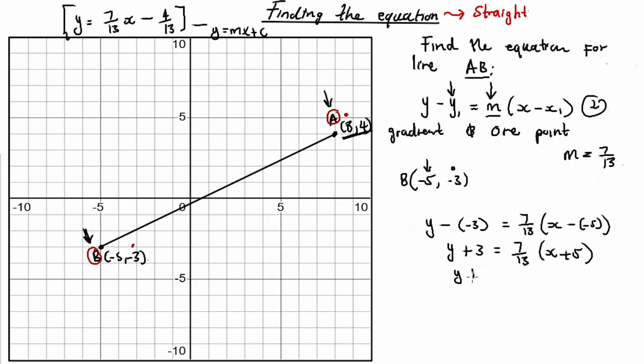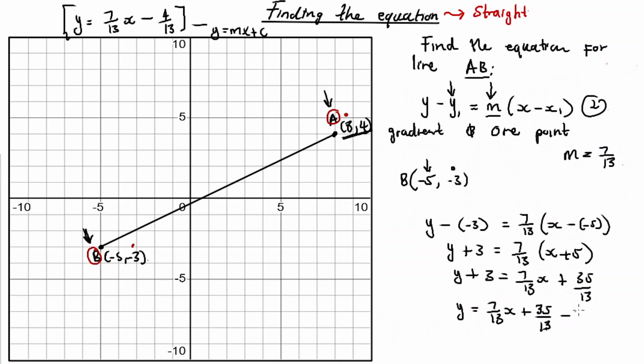Now let's remove the bracket. It's going to be 7 over 13 x, plus 7 over 13 times 5, that's 35 over 13. Then y is equal to 7 over 13 x plus 35 over 13 minus 3.